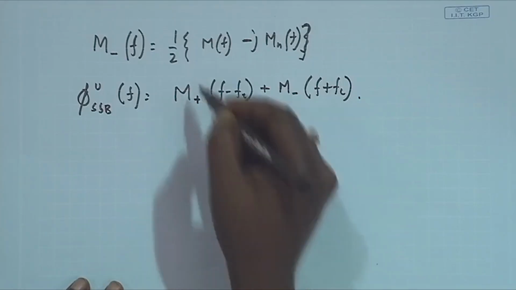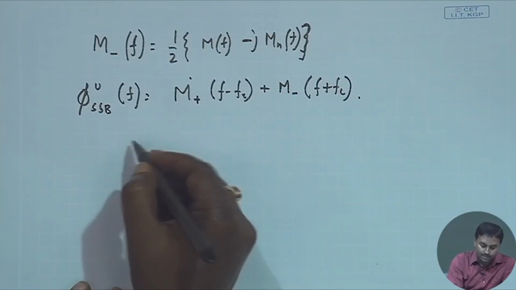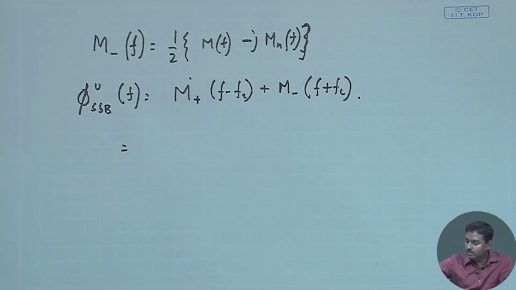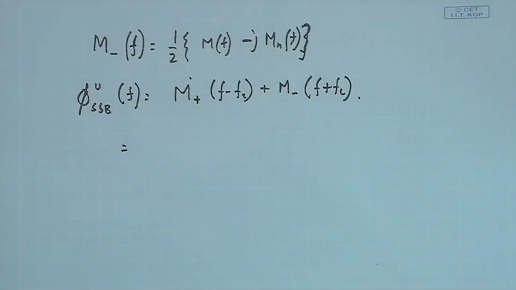Now, all I have to do, this M plus I already have an expression. So, I will have to just replace that. So, M plus I already know is nothing but half into MF plus J MHF, right. So, I will just write that.